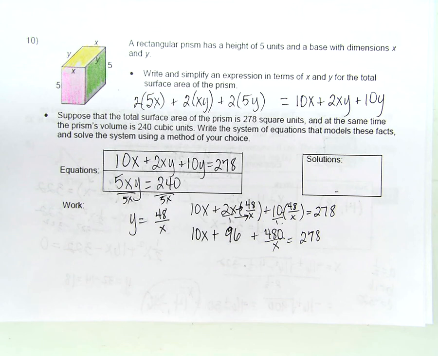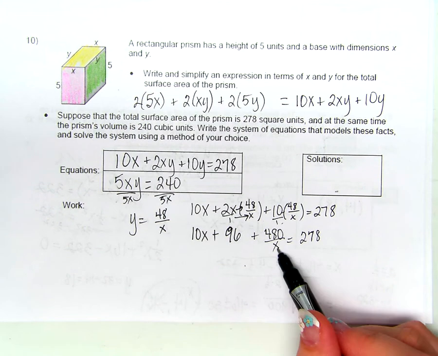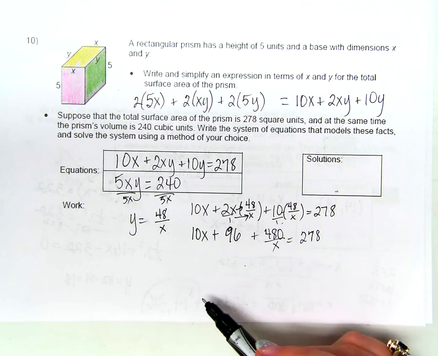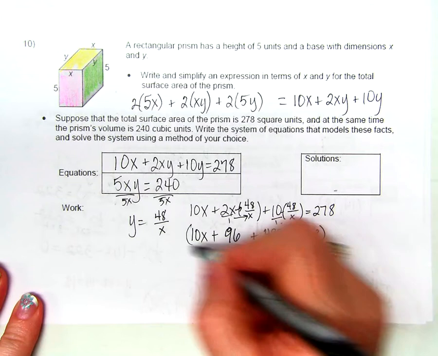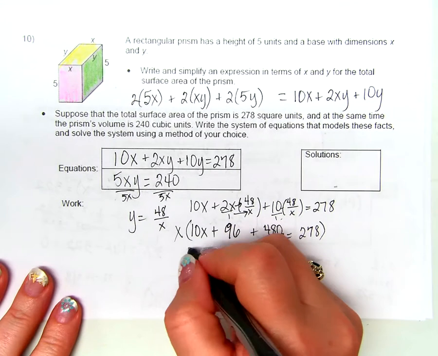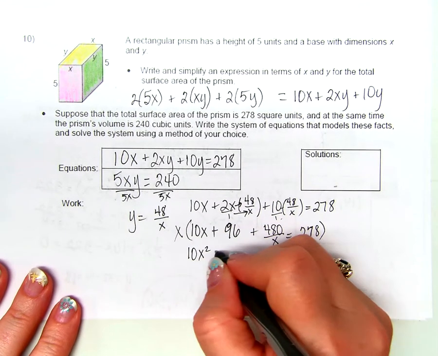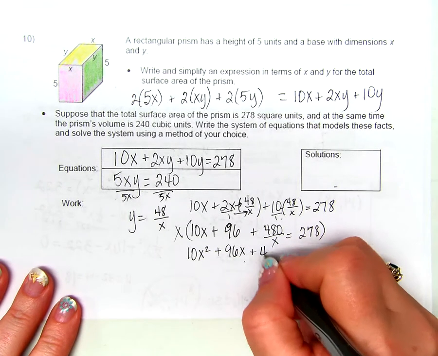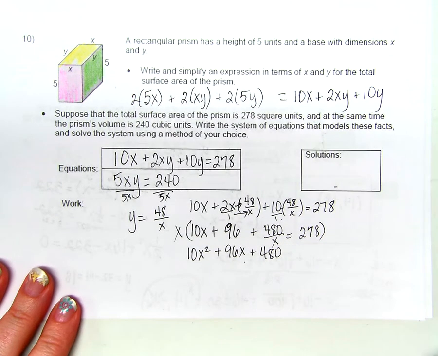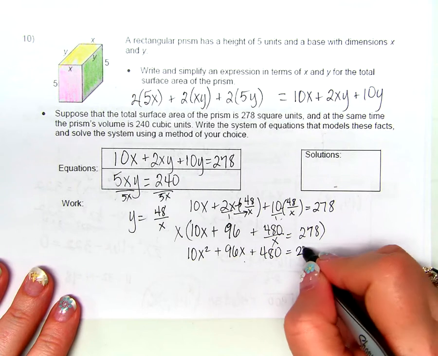Now what? How do I get the x out of the denominator? What if I multiplied every term by x? Would that do it? So let's multiply every term by x. 10x squared plus 96x plus 480 equals 278x.